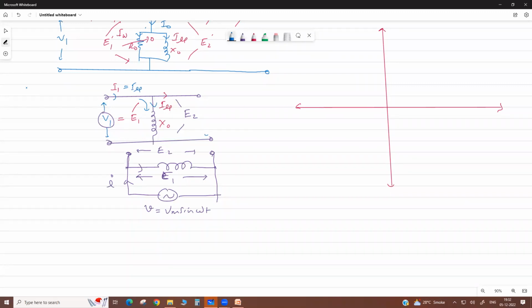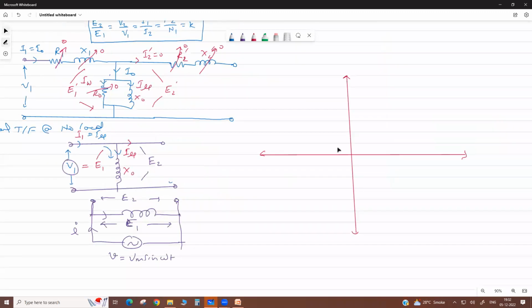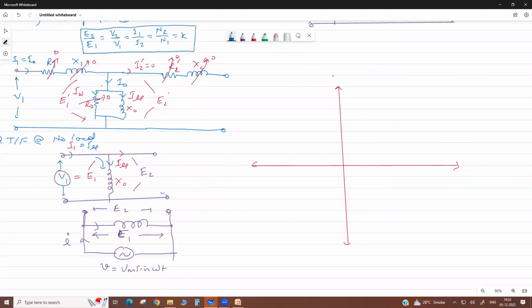At no load, we first consider the ideal transformer. At no load, the ideal transformer is highly inductive only. Suppose this is your supply voltage V1. You know the current lags by 90 degrees, so your magnetizing current is here.